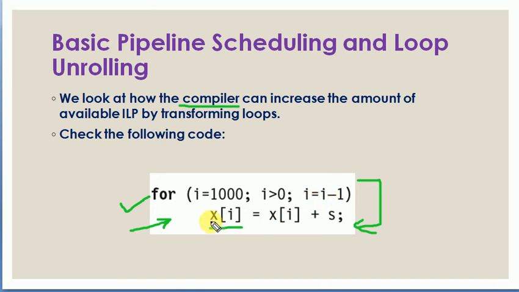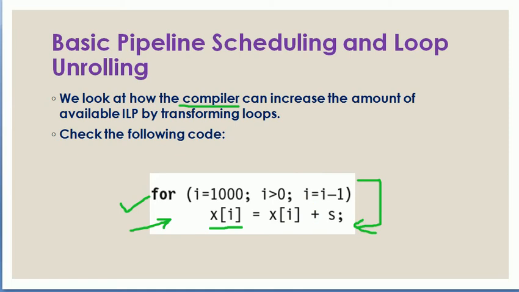Each iteration has one statement, so in total we have 1000 statements, and all these 1000 statements are different. The loop is to be executed 1000 times, and these 1000 statements are independent.